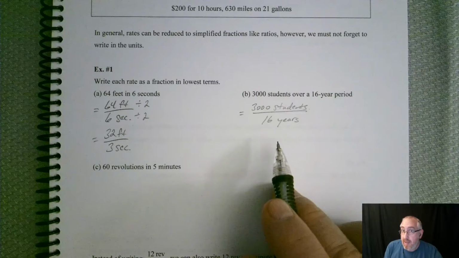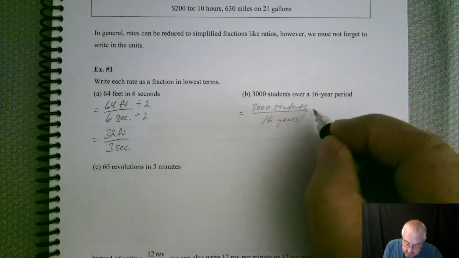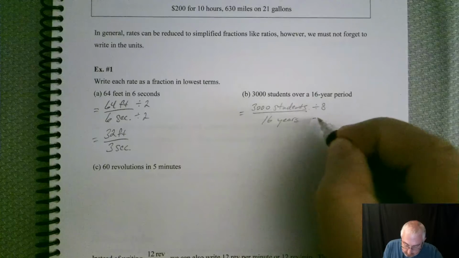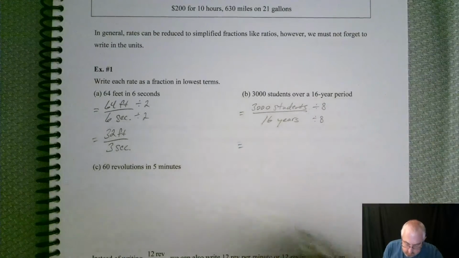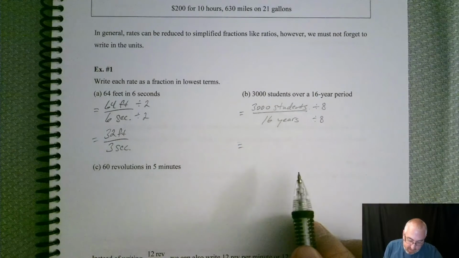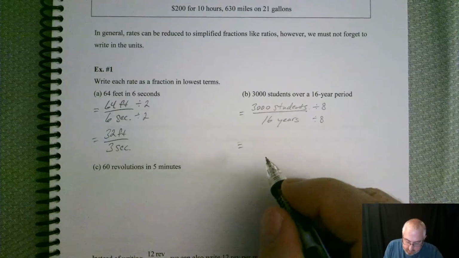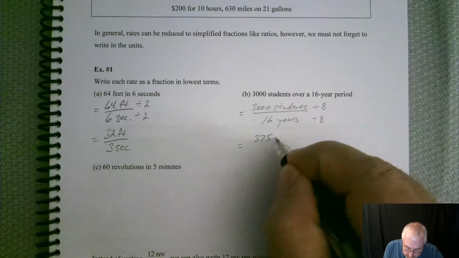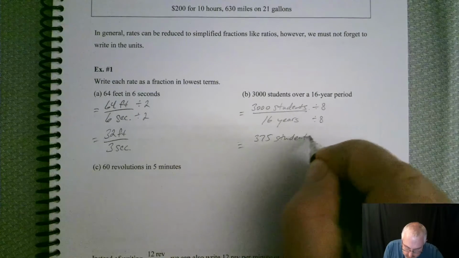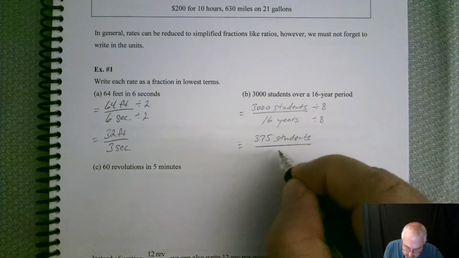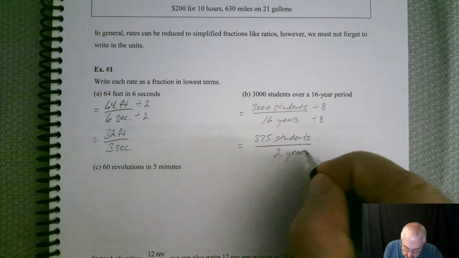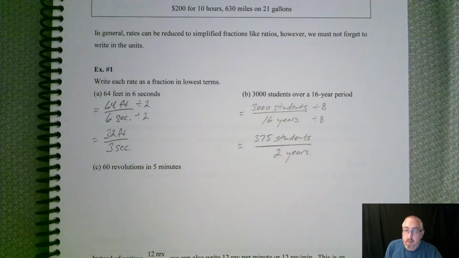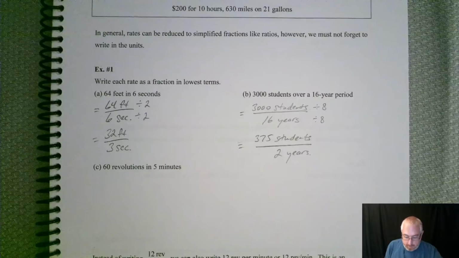And I even think 8 does. I think 8 will divide out of both of those. So 8 goes into 3,000 375 times, and 8 goes into 16 twice. So 375 students over 2 years. Again, that's as far down as we can reduce it, so it's in lowest terms. That's what we want.